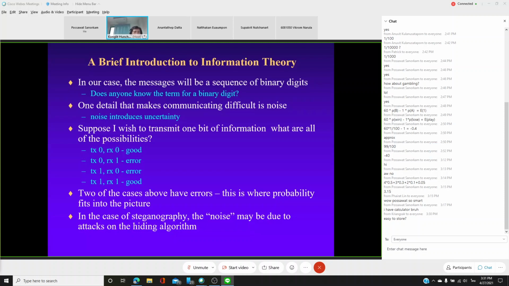If I'm sending an analog signal, it's like I'm adjusting the brightness of the flashlight. I could adjust it up, down, up, down, and say that means hello. Okay, so that's called analog communications, because my signal is continuous.